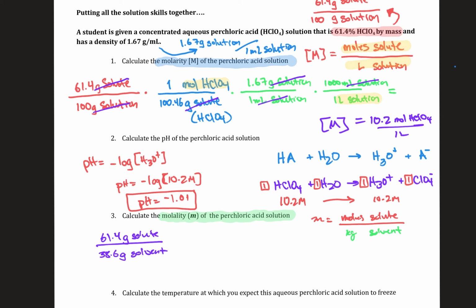Now that we have a ratio of grams of solute per grams of solvent, it's very easy to get to moles of solute per kilogram of solvent using all the same conversions we just did above.